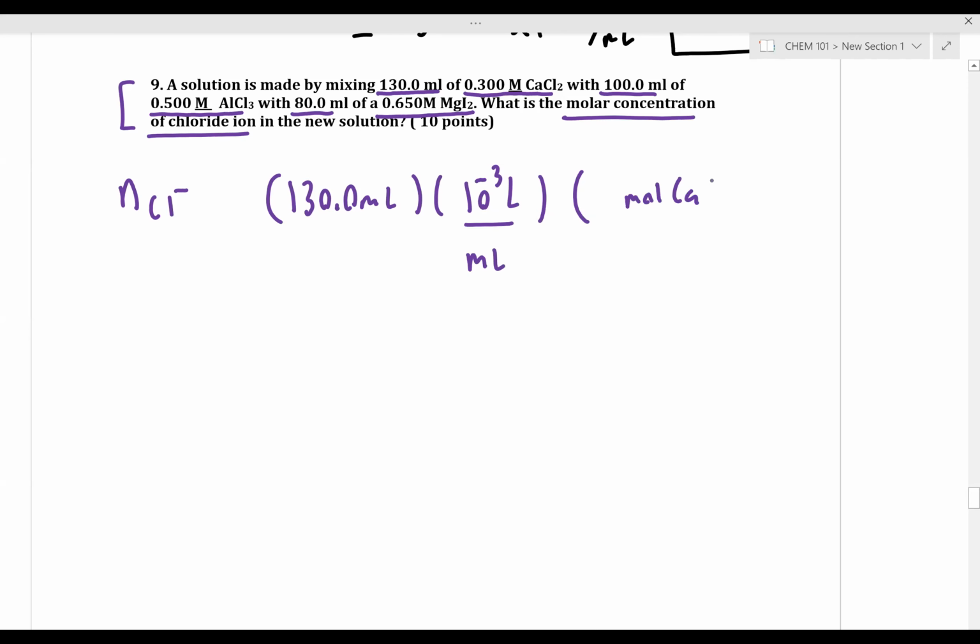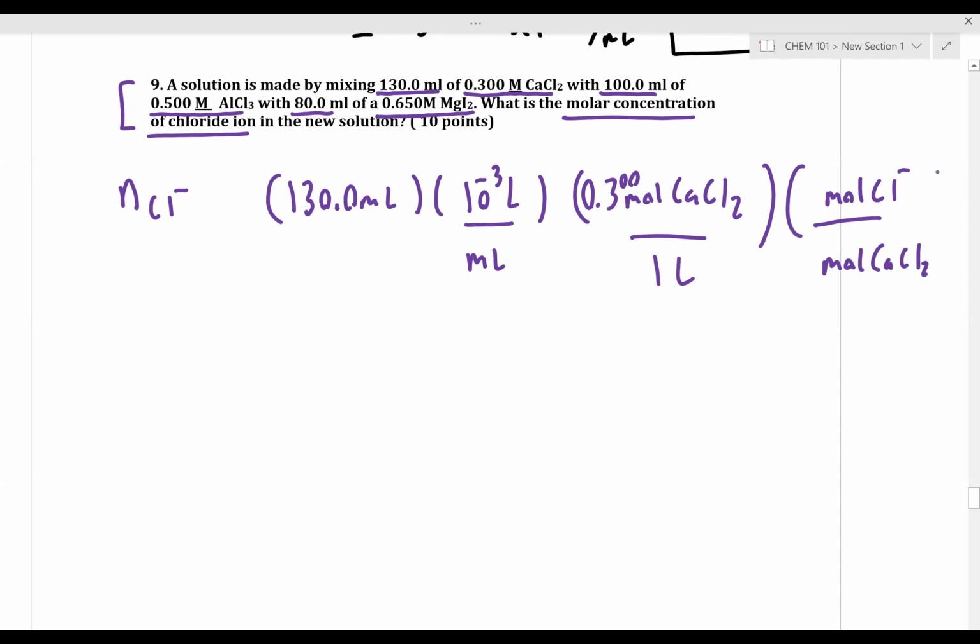How many moles of calcium chloride do we have in 1 liter? What's our molarity of calcium chloride? Yep, 0.300 molar. Okay, and then my question to all of you is how many moles of chloride do we have per mole of calcium chloride?